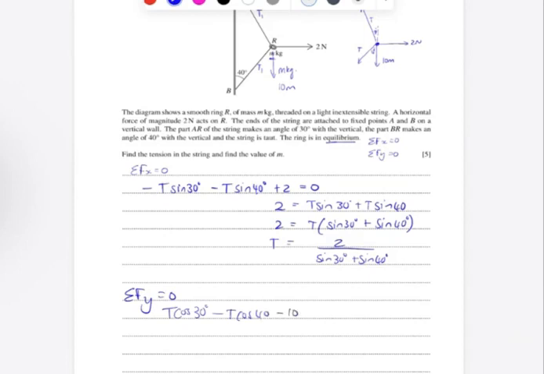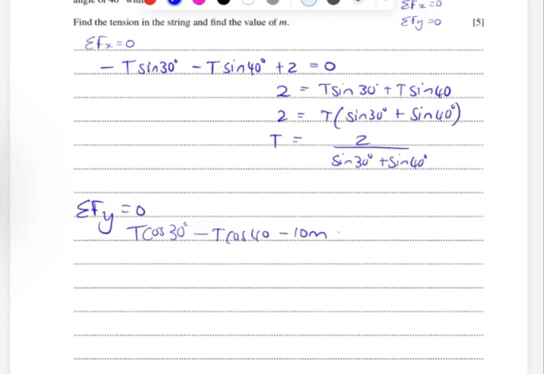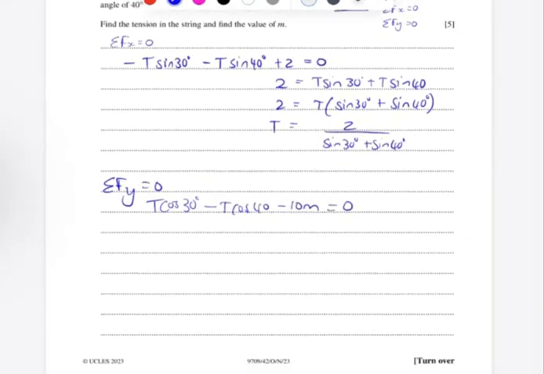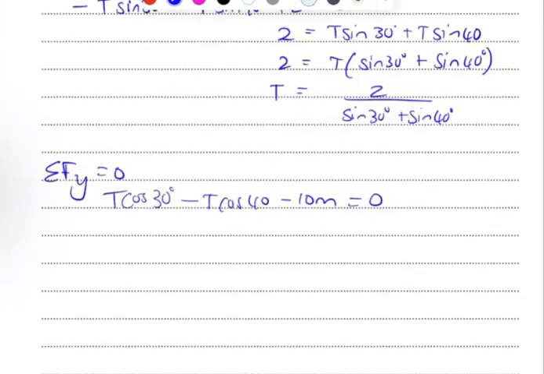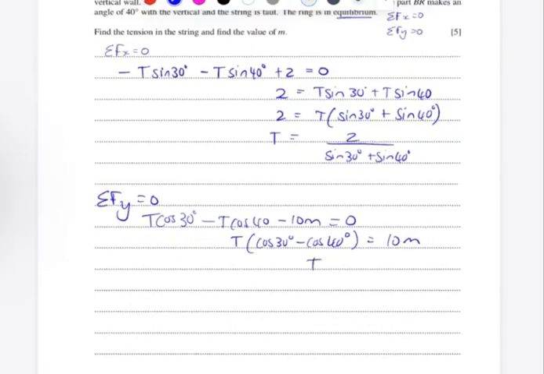Then I've also got my 10m going down, and then my 2 doesn't have any component in the y direction. So if I were to make t the subject of the formula, I've got t times cos 30 minus cos 40, and that is equal to 10m.